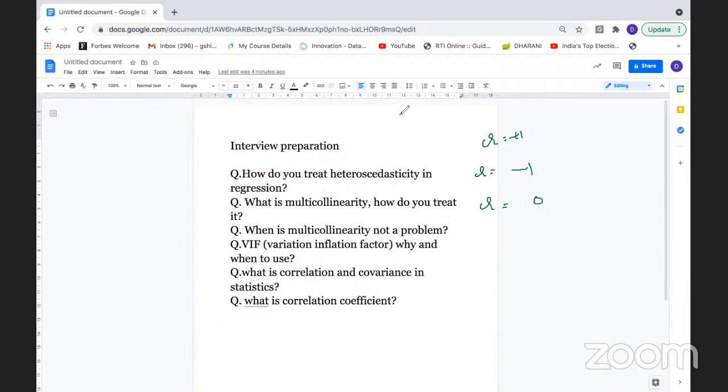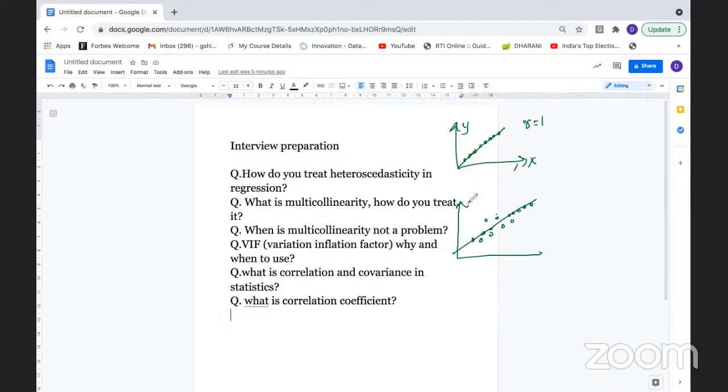If you try to find out through a graph, if the points are near to your line, you can say that you have r equal to 1. Good relationship. If you do a plot and you have a little bit here and there, very less, same y-axis, same x-axis, you have r being 0.85.